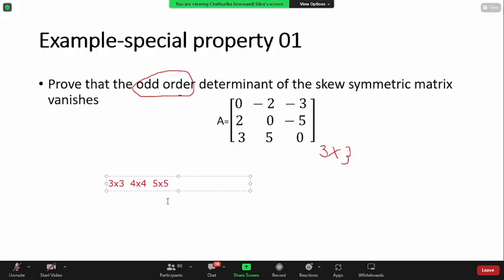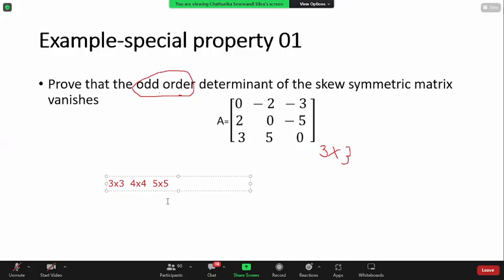So the determinant of an odd order skew symmetric matrix is always equal to 0.